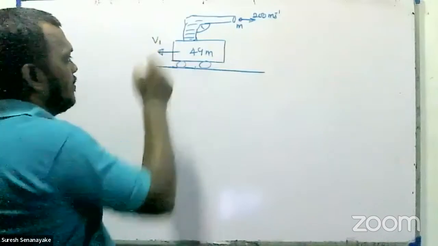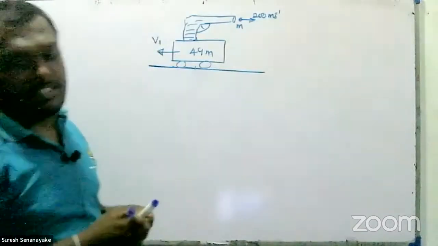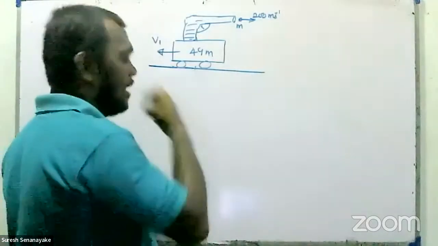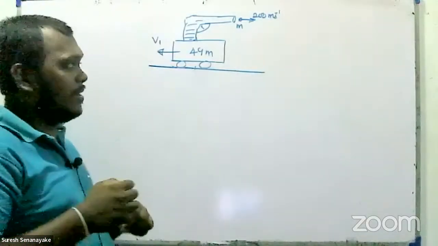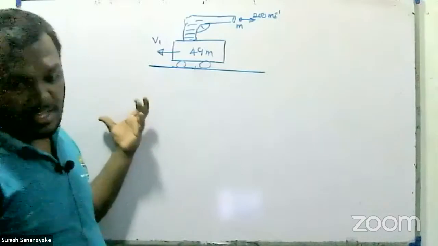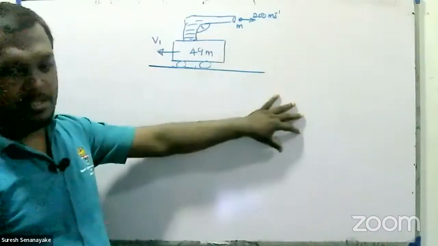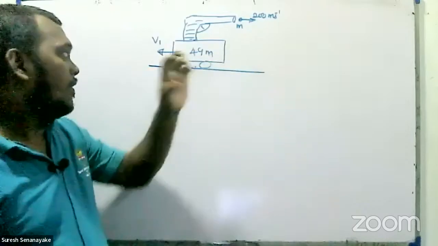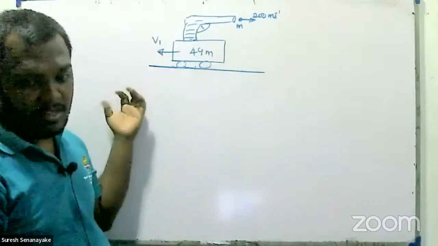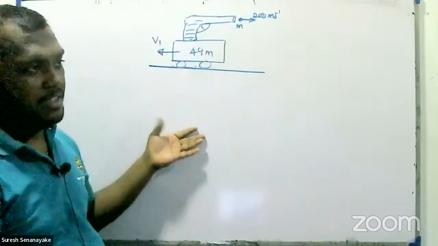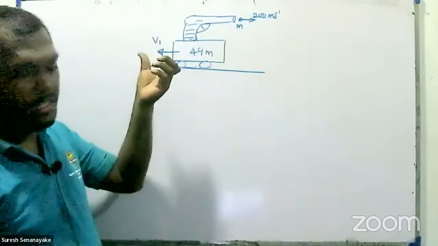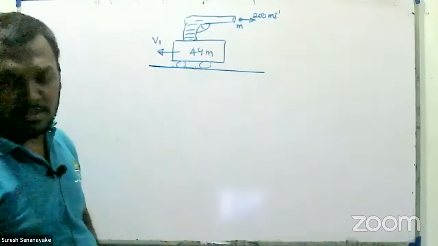The velocity is, let's say, v1. After the second shot, now the gun is moving. Initially they are at rest, right? But if the first shot is fired, the gun is moving. If the second shot is fired, it's fired with respect to the gun, and the gun is also now moving.